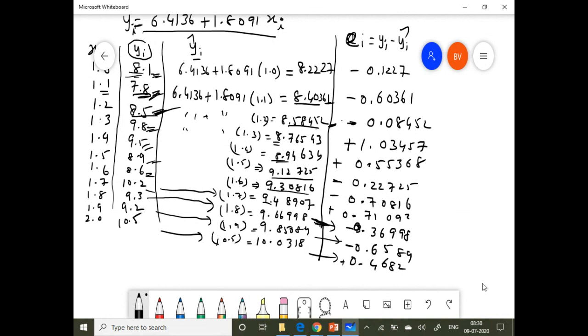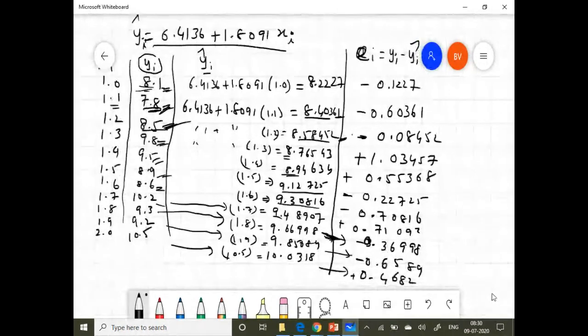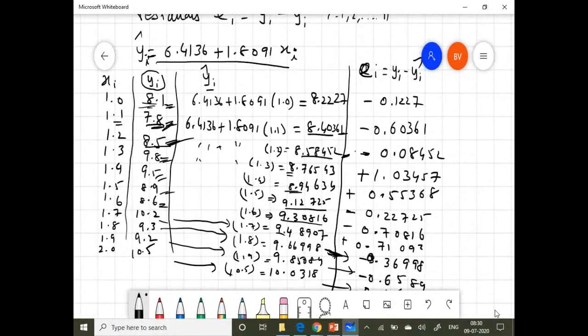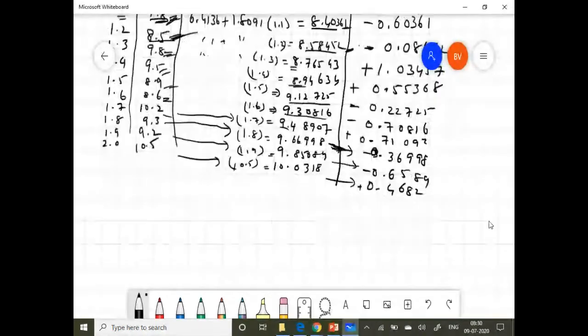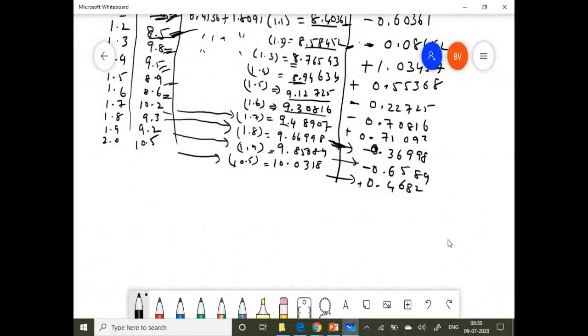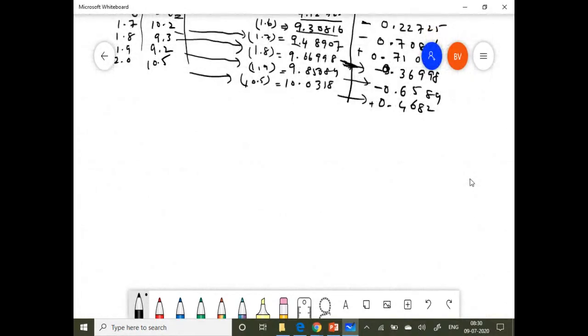Now draw the residual versus temperature. Temperature is x, okay? X is from 1 to 2, and 0.1 is the scale. And we are going to draw the residuals versus temperature.